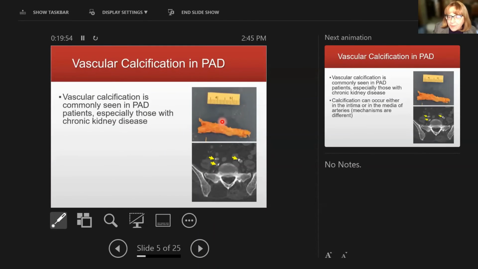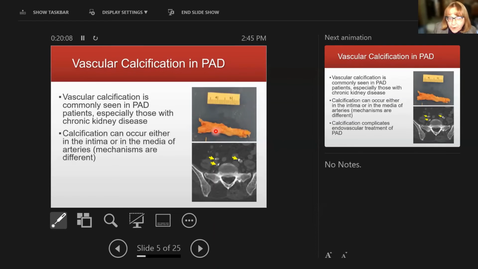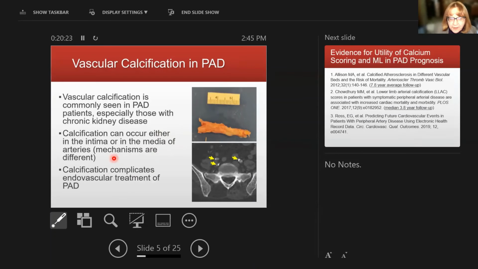So the example in the upper right is an endarterectomy specimen taken from a patient undergoing femoral endarterectomy. And these excised plaques can be as hard as bone. And calcification, as Dr. Azar mentioned, can occur either in the inner layer of the artery or in the middle layer. The mechanisms are thought to be different.